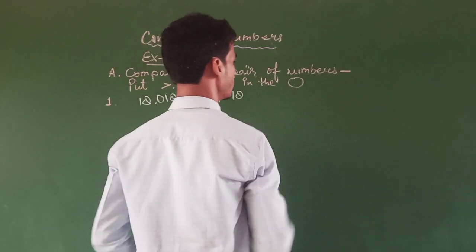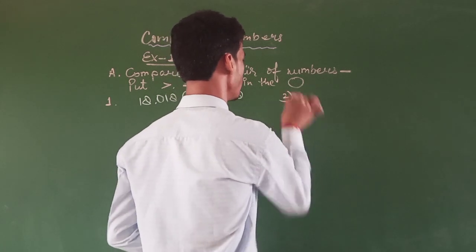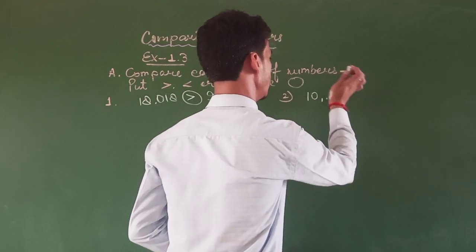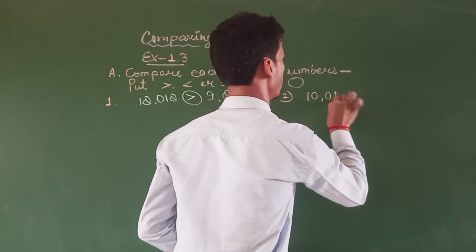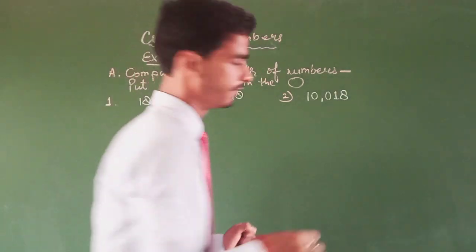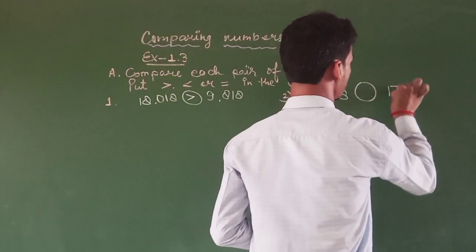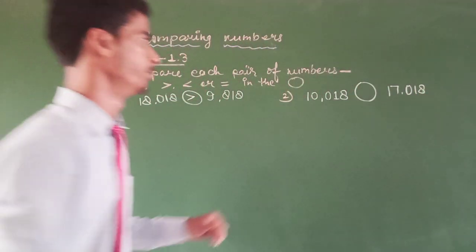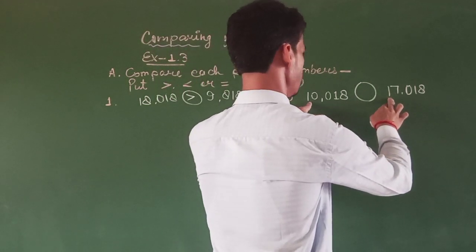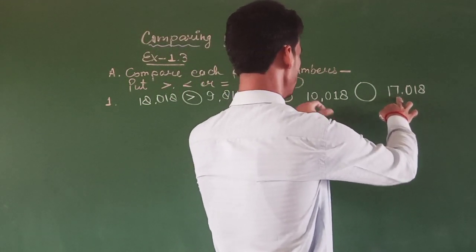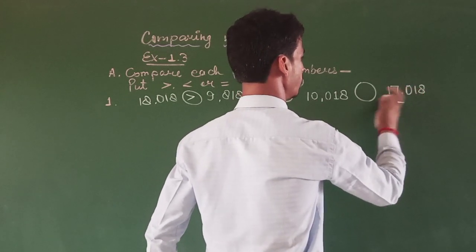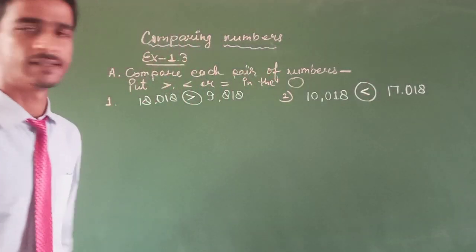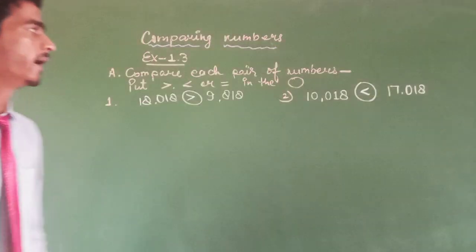The second question is 10,018 and 17,018. Firstly we compare the 10,000 places, both are equal. So then we compare the 1,000 places. There is 7 and there is 0. So 7 is greater than 0, so 17,018 is greater than 10,018.